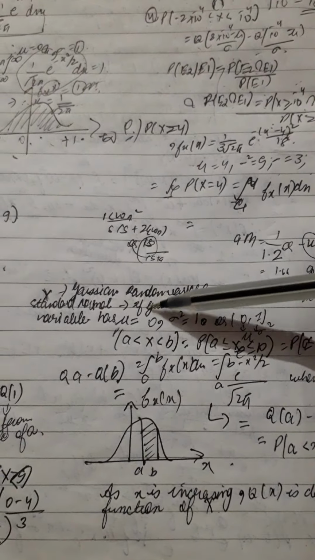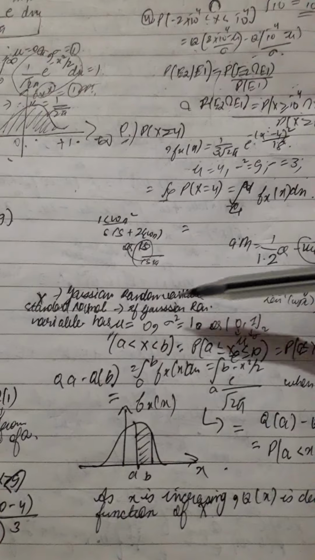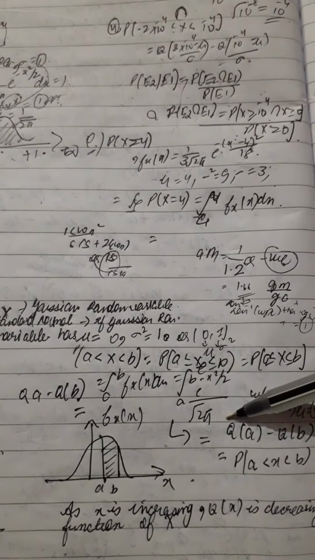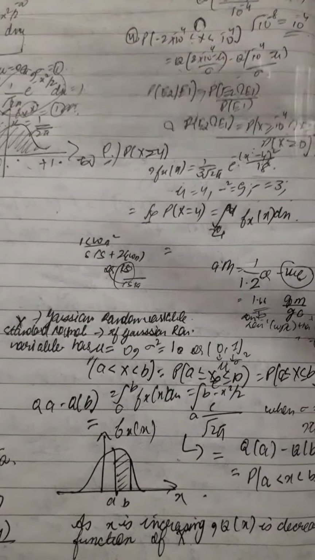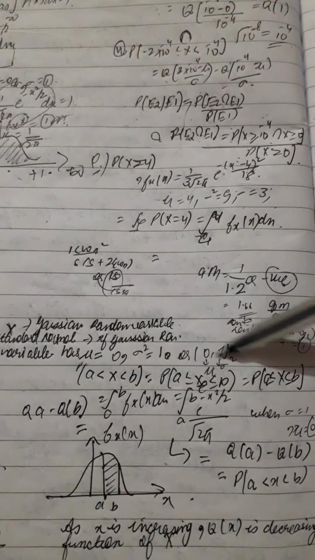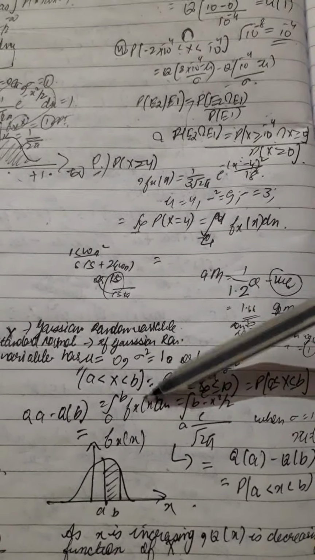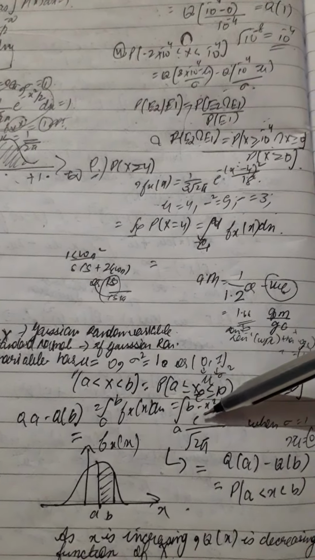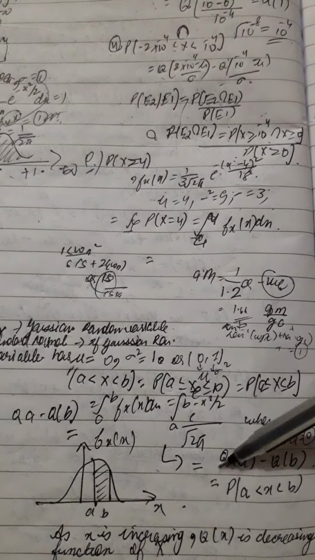Gaussian random variable, called the standard normal or the Gaussian random variable, has nu equal to 0 and sigma square equal to 1. You can easily see how the previous questions have been done on the basis of this formula. Q minus Q of b is 0 to b f(x) dx, minus x square.